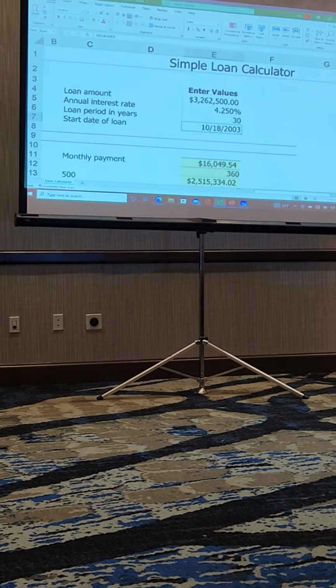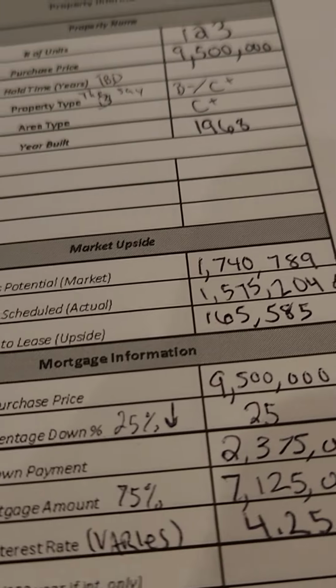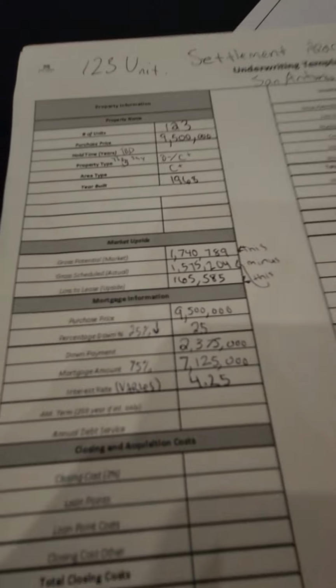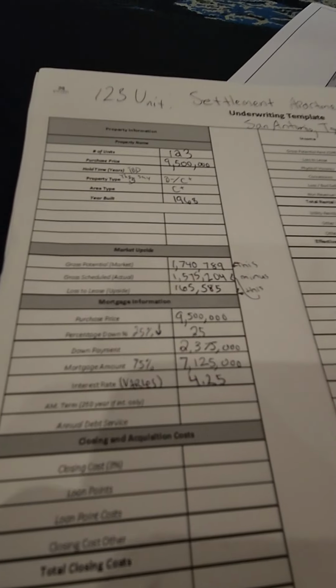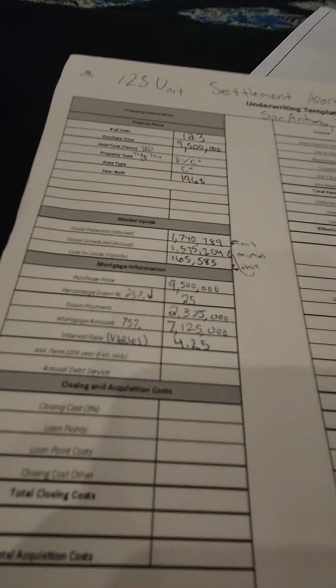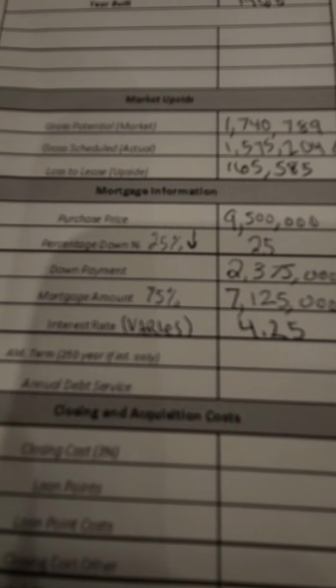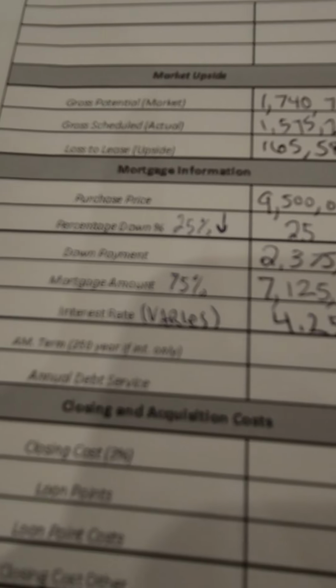So what they're saying is, if you want to figure out what an interest-only payment would be, in where it says loan period, instead of putting 25 or 30 years, put 250, and that'll tell you what you should expect your monthly payment to be during that interest-only period.